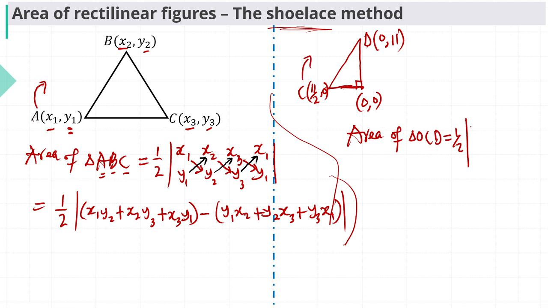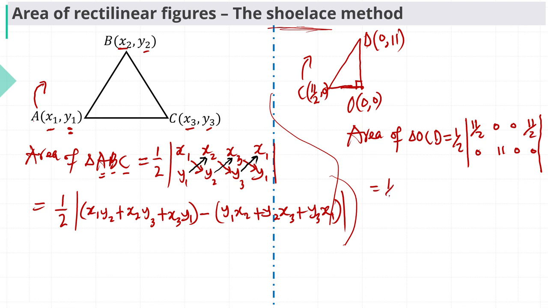I'm starting from C. The x coordinate 11 out of 2, go to coordinate D, the x value is 0, go to the coordinate O, the x value is 0, come back to where it started from, coordinate of x is 11 out of 2. Do the same for y, 0, move to D, you have 11 there, move to O, you have 0 there, move to C, you have 0 there.